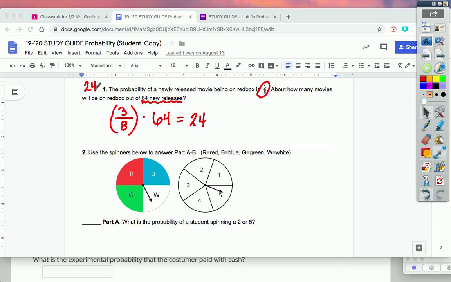Any questions? Yes. Cross multiplication is fine. So if you set it up like this, we'll do the division line. What is 3 times 64? How many? 192.